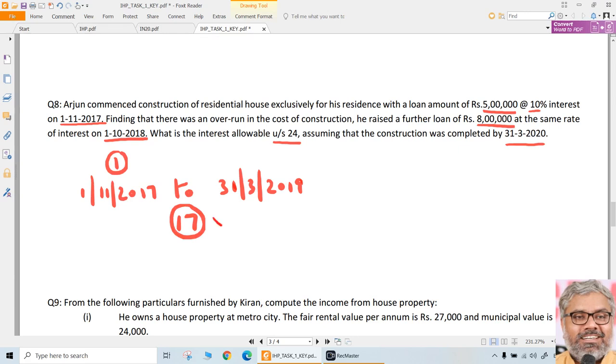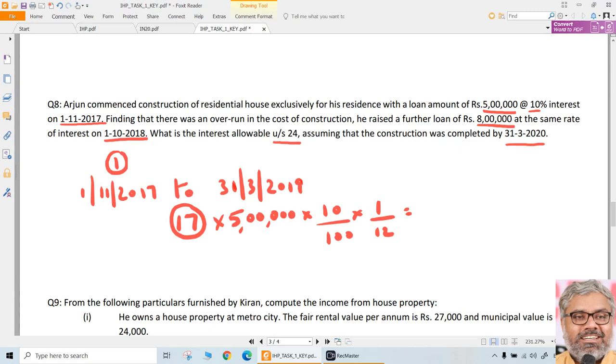And how much was that? Multiply 17 into 5 lakhs, the loan amount. Multiply with 10%, but that was per annum, and we did months here. So naturally we have to do 1 by 12. How much will that be? Do the math. 5 lakhs into 10% per annum, so monthly it will be whatever divided by 12 into 17 months.